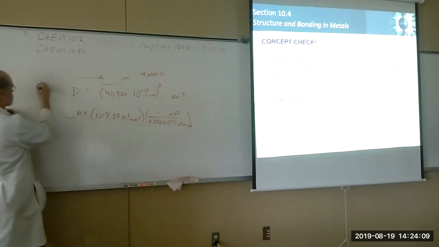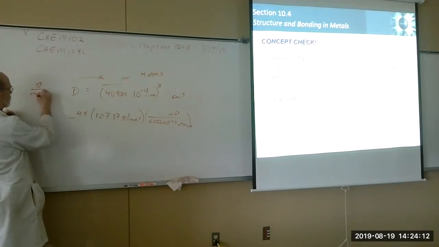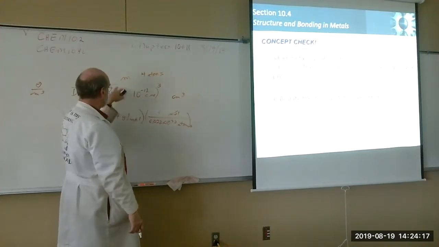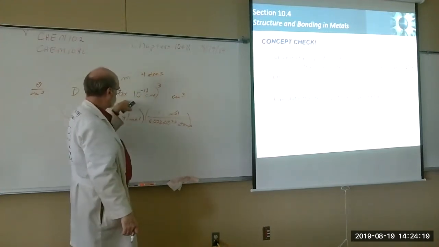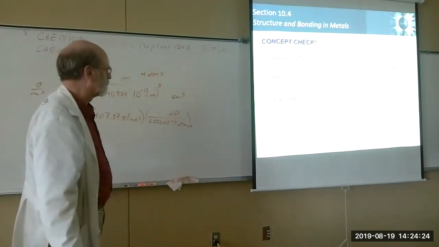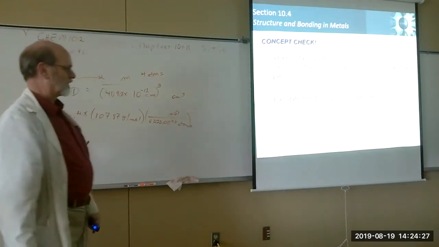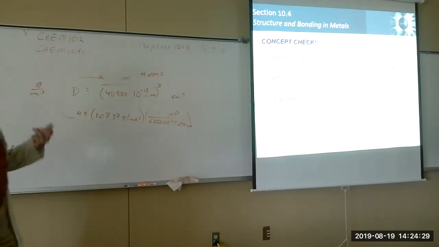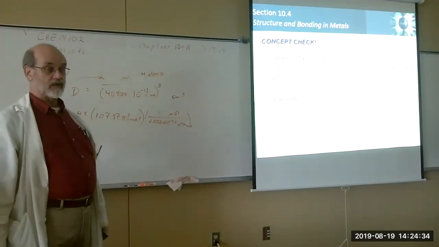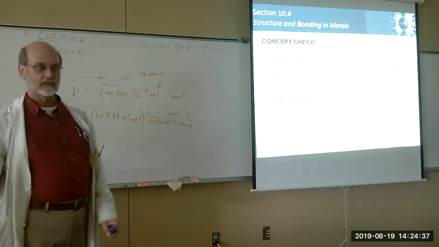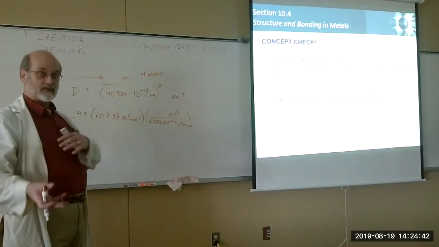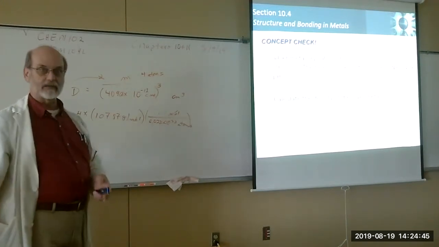The reason is the density is generally expressed in grams per cubic centimeter. That's why I'm doing that. So that gives you cubic centimeters, and this gives you the mass of that many atoms in those cubic centimeters. That gives you density. Now, I'm not sure if I worked it out here. No. But that's what it should be. And doing that calculation, you find that 10.5 grams per cubic centimeter is very close to the actual measured density of silver. So that's the other test. If your calculation is close to the measured amount, you know that you're probably on the right track.